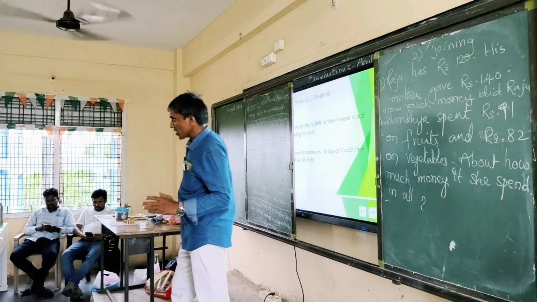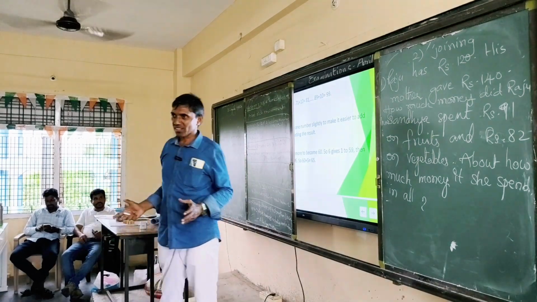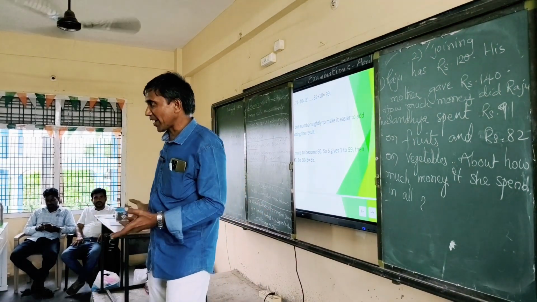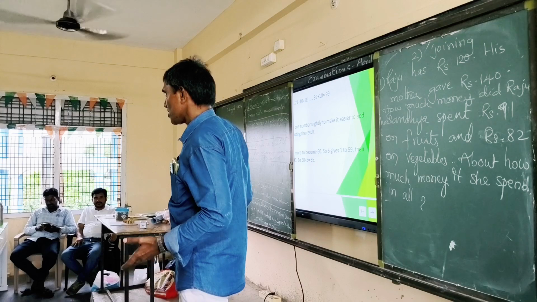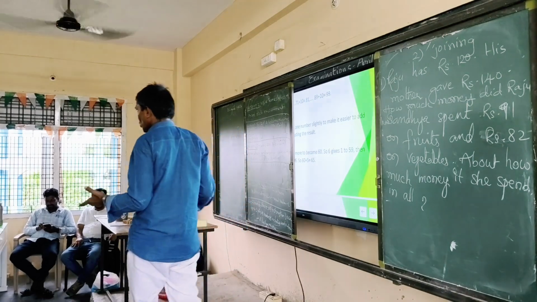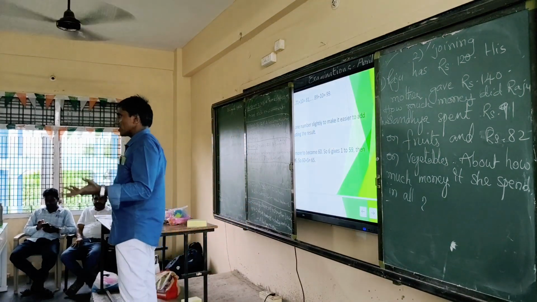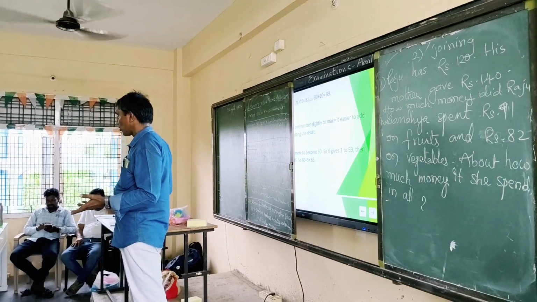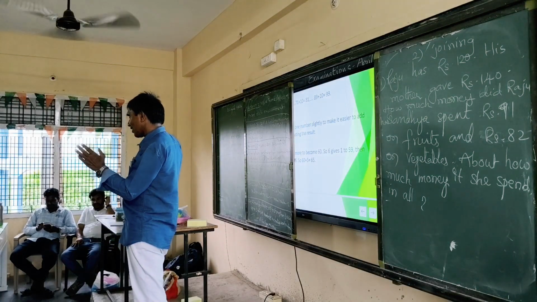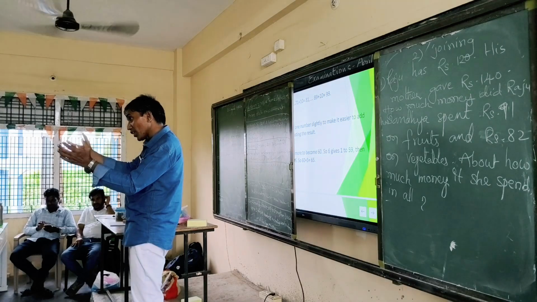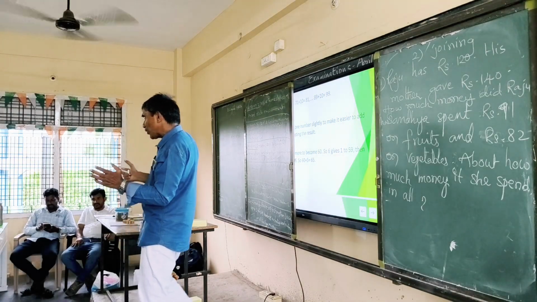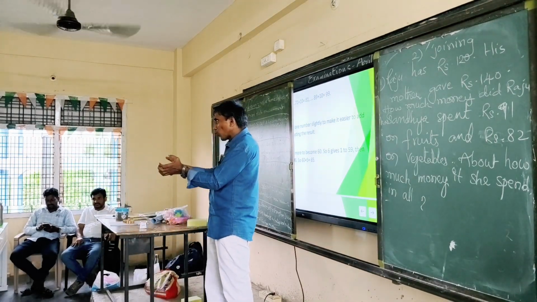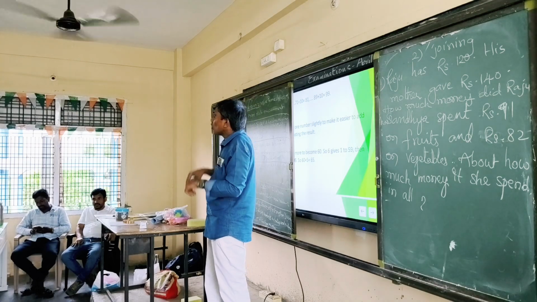If Raju has 120 rupees, her sister Sweta has 170 rupees, all together how much money do both have? Both are having their own quantities, but we are adding those two quantities according to our wish.